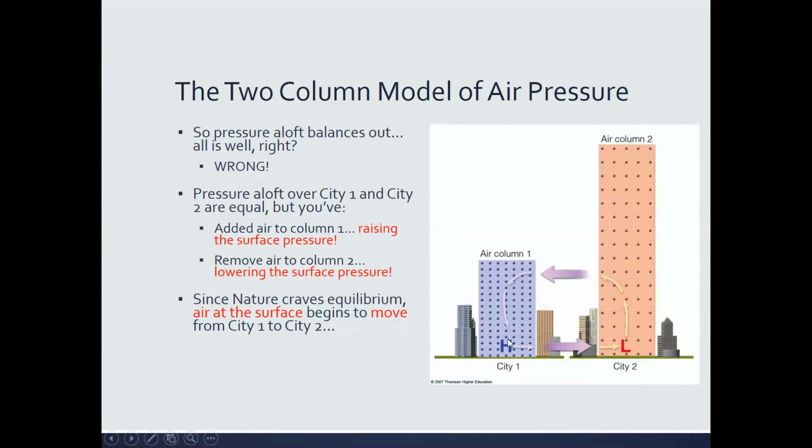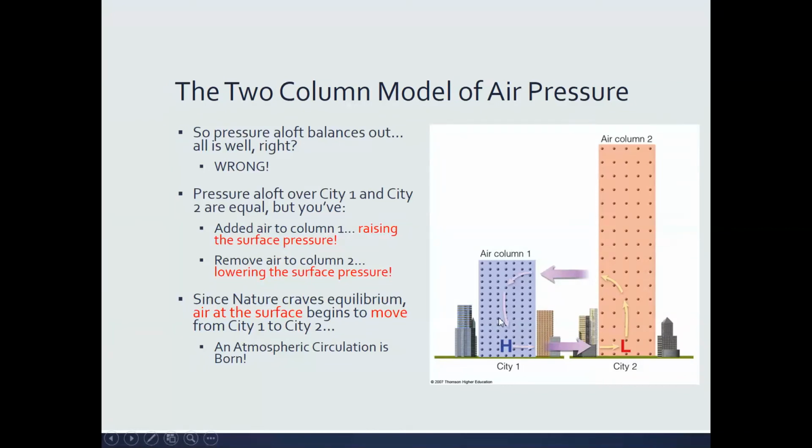Near the surface, that additional air is creating high pressure over column 1 and low pressure over column 2. And so air then travels back from column 1 to column 2. And you get this never-ending atmospheric circulation.